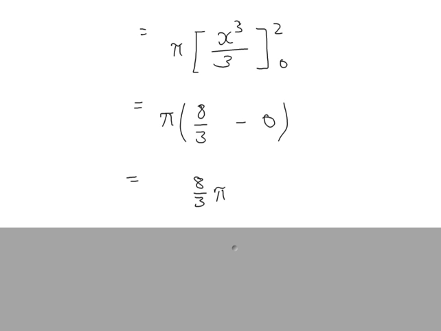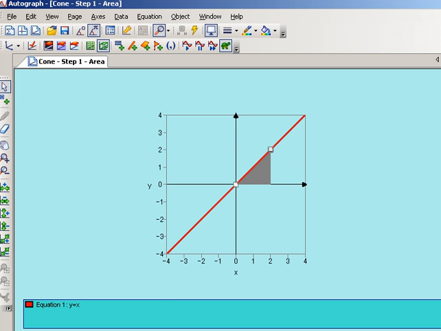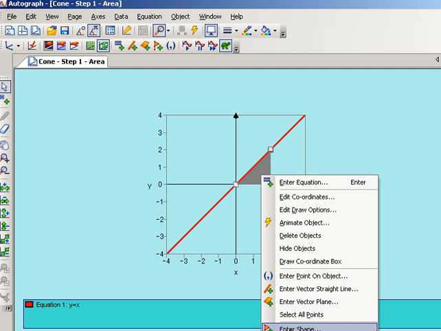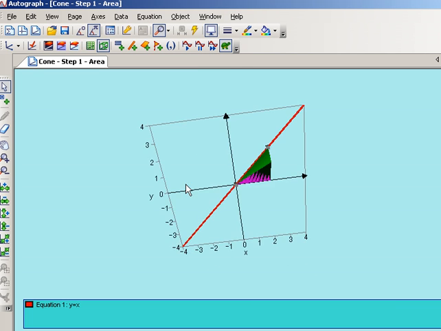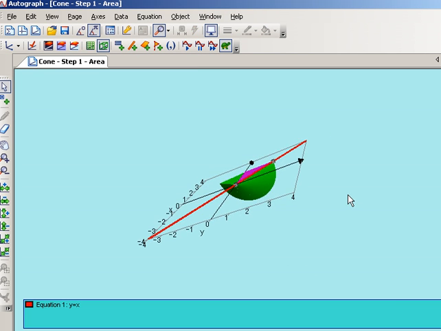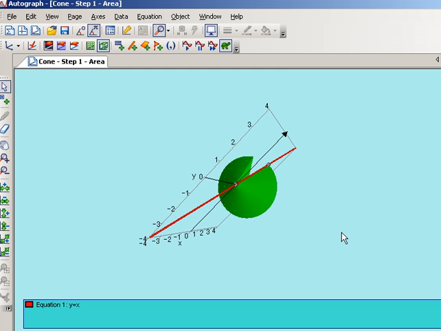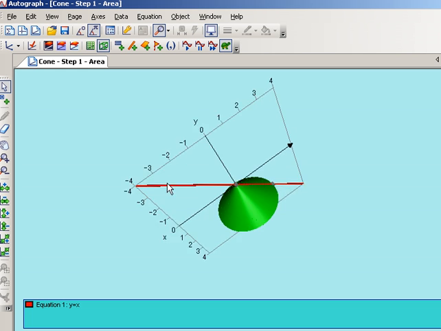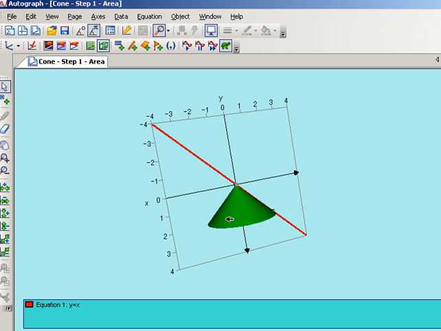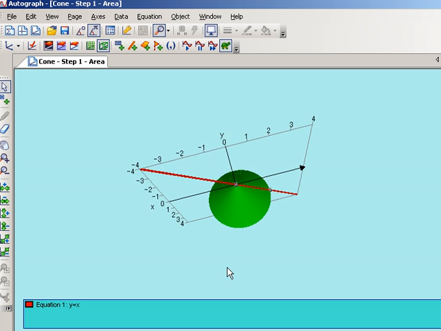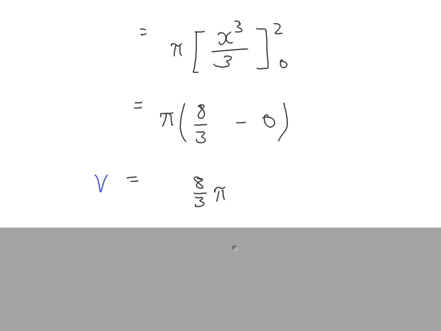So this is the volume generated when this region was rotated. And as you can see, there's a cone building up here. The area is being rotated around the x-axis. There you go. So the volume of this three-dimensional cone here is 8/3 pi. That's the exact volume.